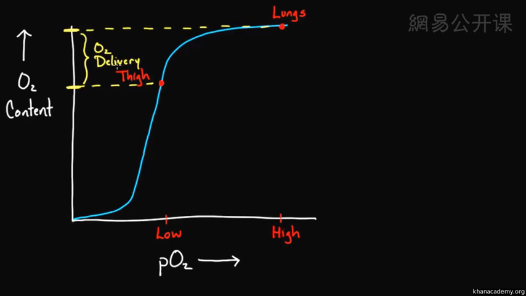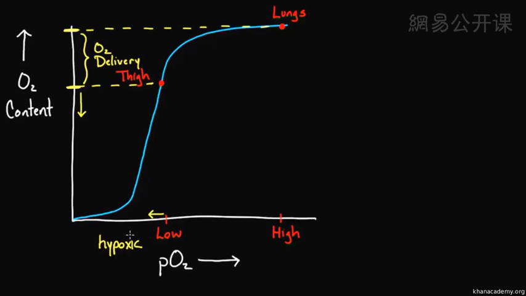But looking at this, you can see an interesting point, which is that if you wanted to increase the oxygen delivery, let's say you wanted, for some reason, to become more efficient, then really the only way to do that is to have the thigh become more hypoxic. As you move to the left on here, that's really becoming hypoxic or having less oxygen.